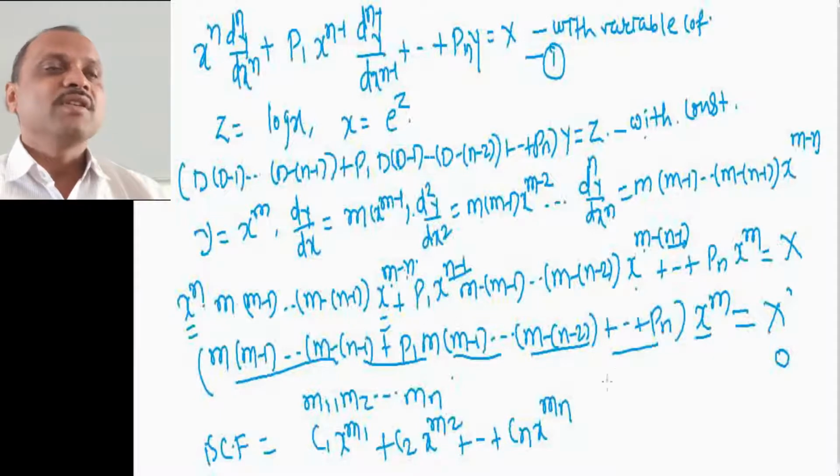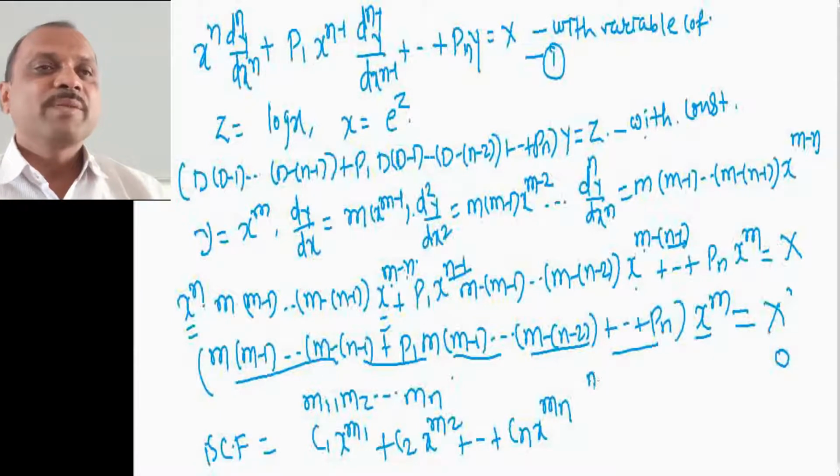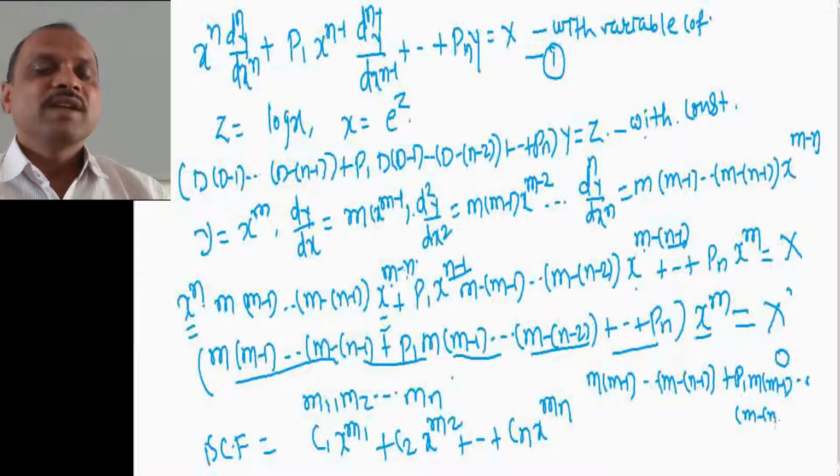So how have we obtained the complementary function? We have taken m into m minus 1 up to m minus n plus 1, plus p1 into m minus 1 up to m minus n plus 2, plus pn, into x raised to m equal to 0.